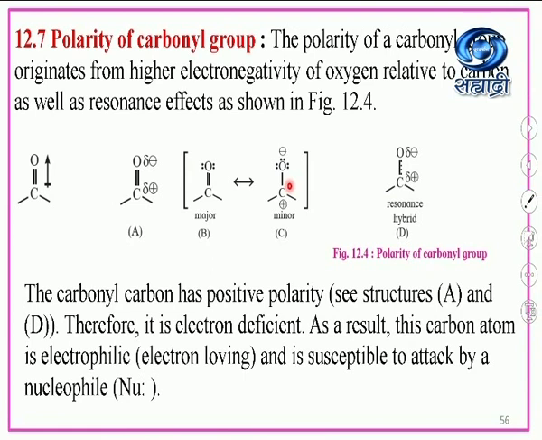Then the next structure, structure D, is the resonance hybrid. The carbonyl carbon and carbonyl oxygen are joined by one single bond and another bond shown by the dotted line. This is a resonance hybrid. So carbon carries the positive charge and oxygen carries the negative charge.